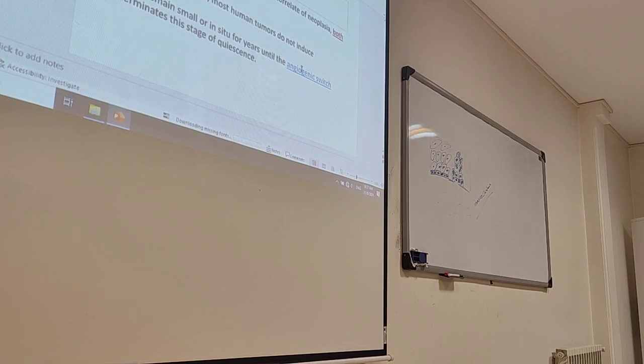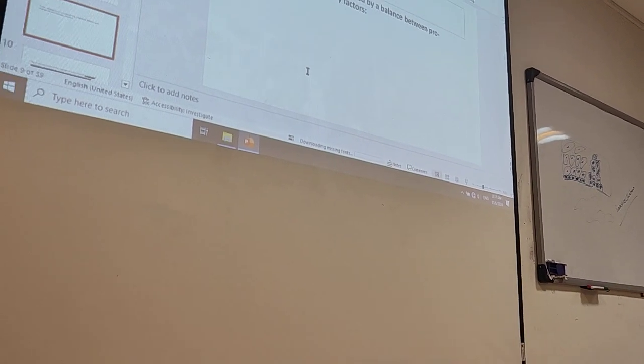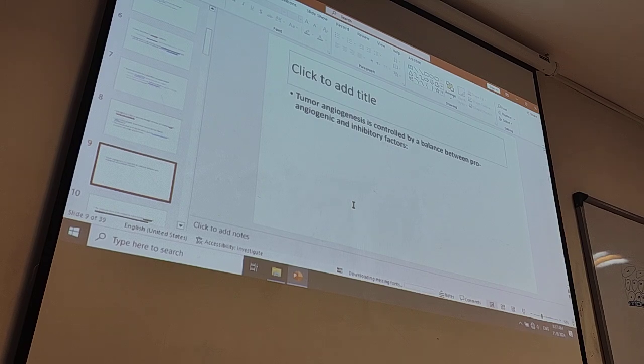So, after angiogenic switch, we have termination of this stage of quiescence of the tumoral cells. As I said before, everything in our body needs some pro-factors and some anti-factors, okay? As we said in our previous session, we have some pro-apoptotic factors and some anti-apoptotic factors, okay?